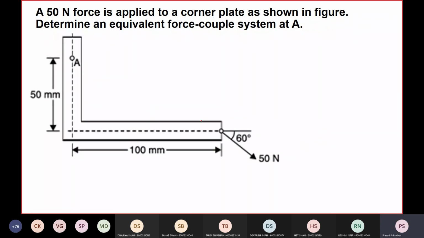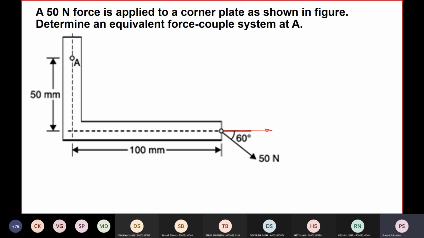Alright. Let's do one example. A 50 Newton force is applied to a corner of a plate. This is an L-shaped plate. Determine the equivalent force couple system at point B. First, let's resolve this 50 Newton force into horizontal and vertical direction.